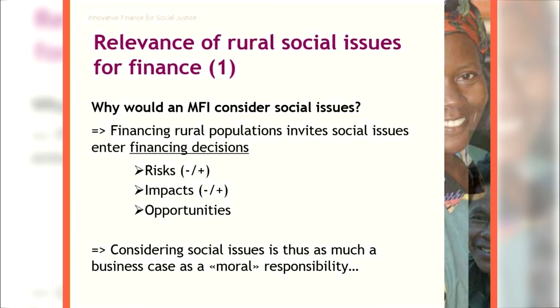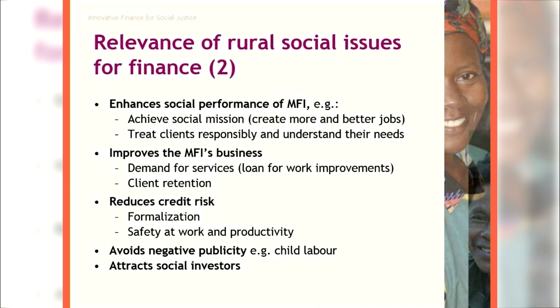And those should be looked at, analyzed, assessed, and included in financial decisions. So in that sense, considering social issues is as much a business case, because there are opportunities, as a type of a moral responsibility.